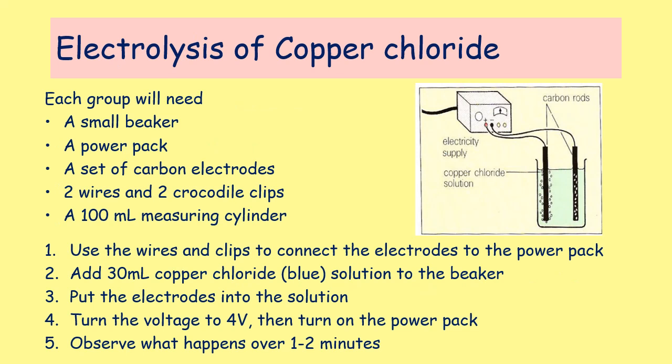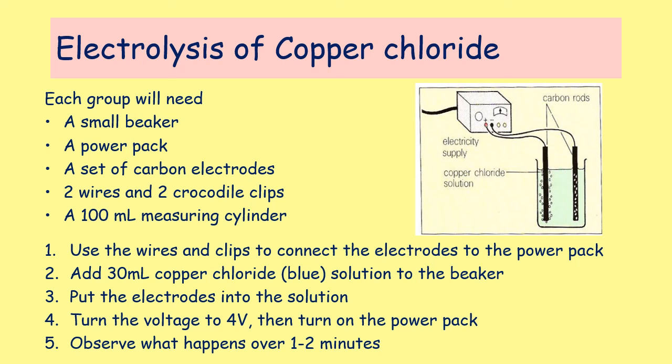Now, if you are in class, you'll get to have a go at doing this experiment. But as I know some of you are going to be at home watching this video, we're going to discuss it. Now, to do the experiment, what we do is we have a solution in the diagram. So in that beaker, we have a blue solution, and it contains a compound, copper chloride.